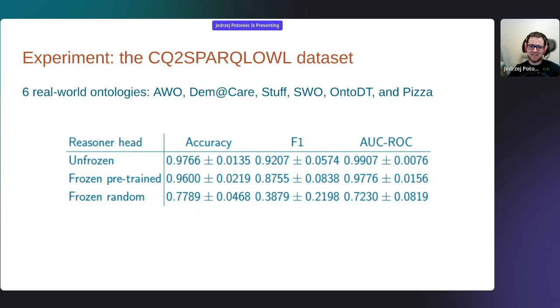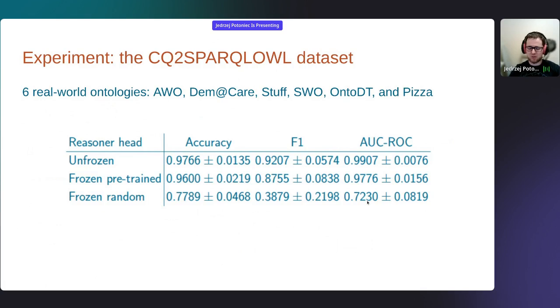On a set of real-world ontologies, a reasoner which didn't see those ontologies during the training achieved AUC ROC of almost 98%. If we let the reasoner be trained along with the embeddings for those ontologies, the score was of course even higher. And if we didn't train the reasoner at all, the score was much lower.